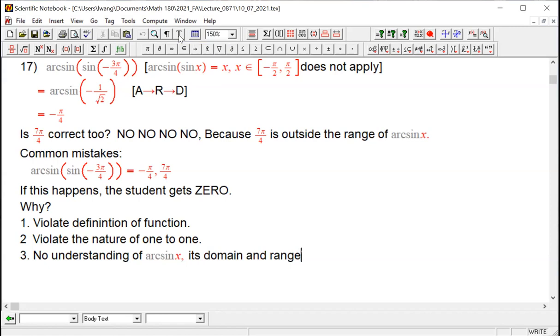Three violations, just to name a few. For that reason, the student gets 0. So don't do that. I have seen this many times.